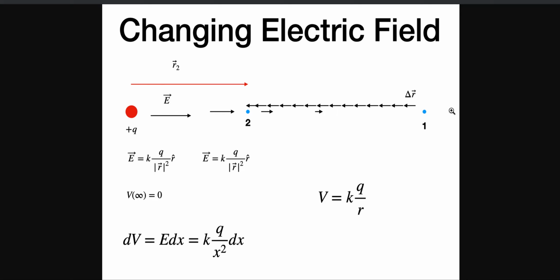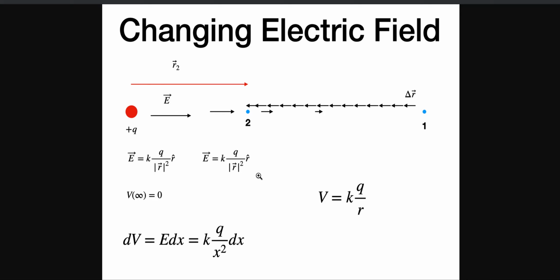And in this case, theta would be 180 degrees since I'm moving in the opposite direction as the electric field. And then I can do it again. I get that change in potential. And then I could go for the next little delta r and so forth. And so breaking this into small steps, going from point 1 to point 2, gives me incremental changes in potential, and then I can just add them all up. And that's what I'm going to do.